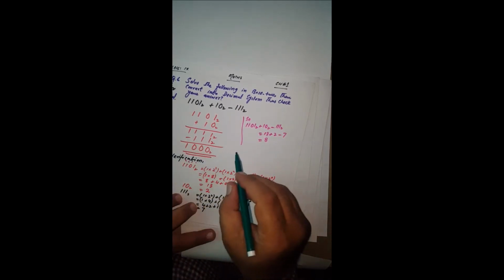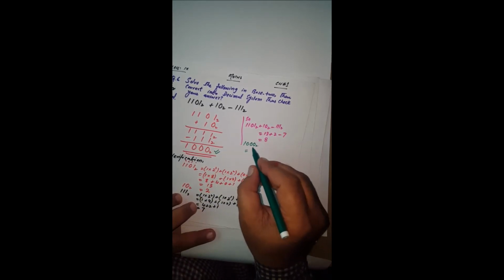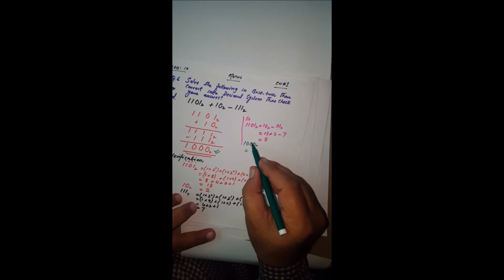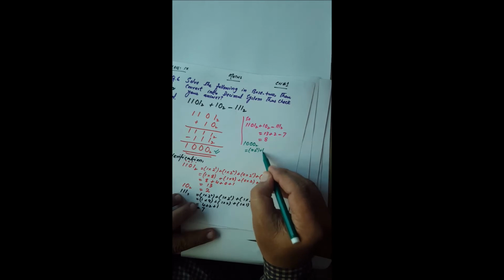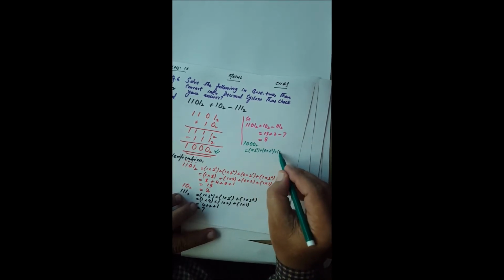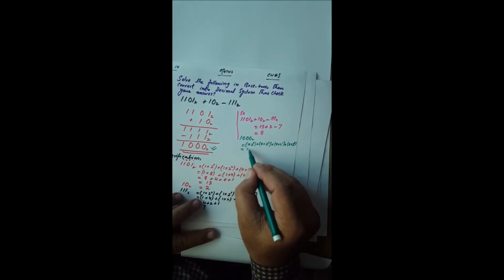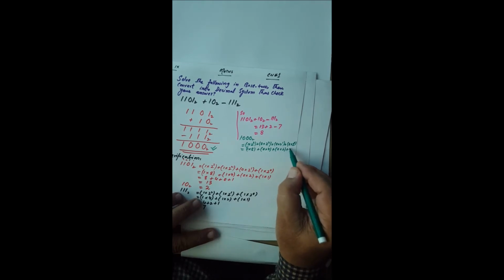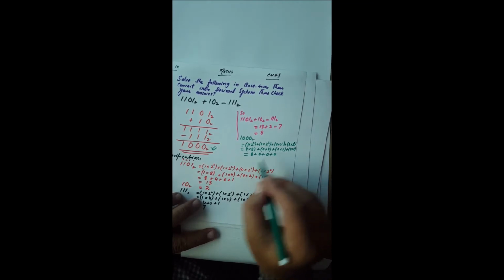The given answer is 1000. This is equal to, now we have to convert: 0, 1, 2, 3. 1 multiplied by 2 raised to the power 3 plus 0 multiplied by 2 raised to the power 2 plus 0 multiplied by 2 raised to the power 1 plus 0 multiplied by 2 raised to the power 0 is equal to 1 multiplied by 8 plus 0 multiplied by 4 plus 0 multiplied by 2 plus 0 multiplied by 1, that is equal to 8 plus 0 plus 0 plus 0, that is equal to 8.